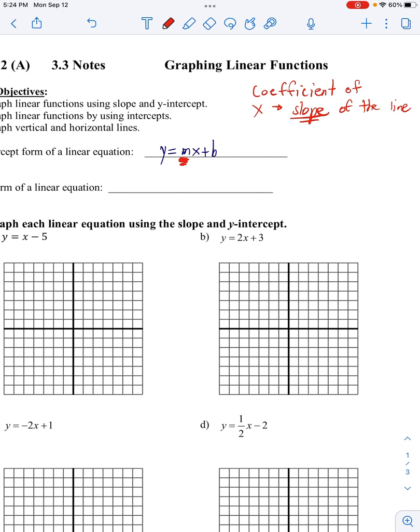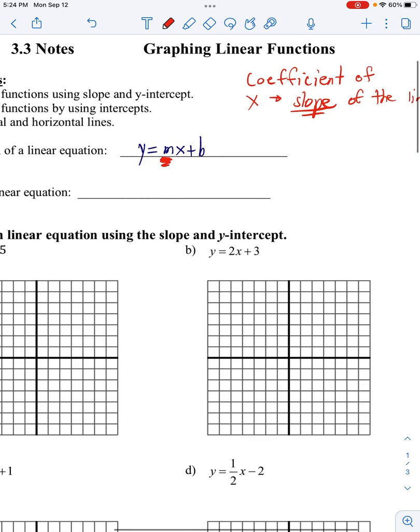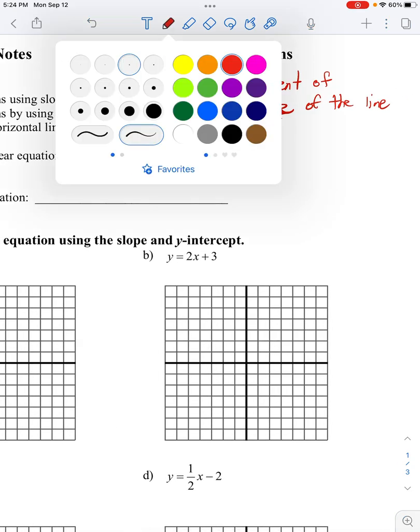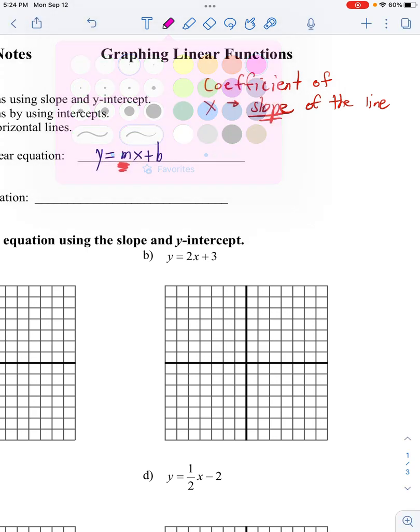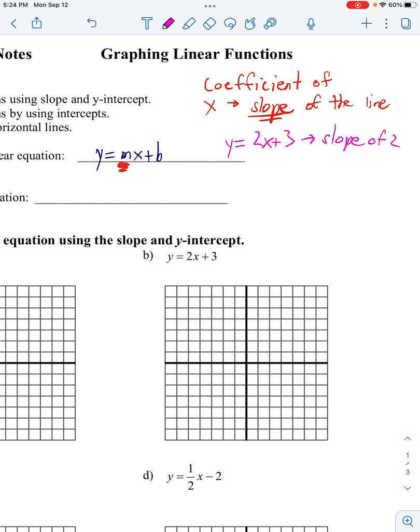The slope describes how much y increases or decreases as x increases, so as we go from left to right on the x-axis. We'll talk a little bit more about that. The coefficient of x is the slope of the line. So for instance, the line y equals 2x plus 3 has a slope of 2, because the number right next to x is 2.